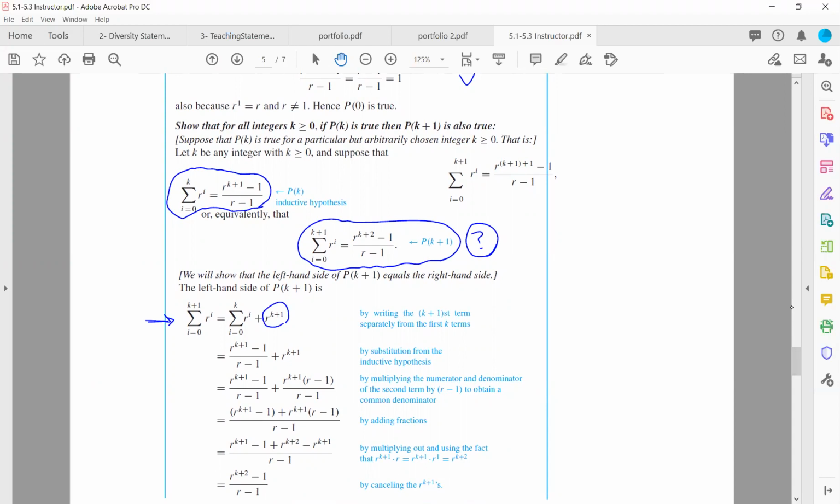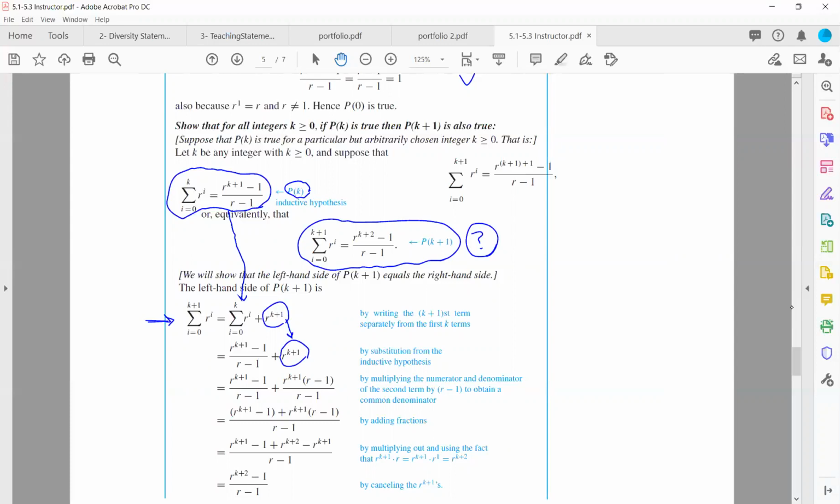Now let us use P of k, which we already know is true. The sum i starts from 0 to k is nothing but this rational expression, r to the k plus 1 minus 1 divided by r minus 1. We just substitute this rational expression for the series and we copy down the last term here.